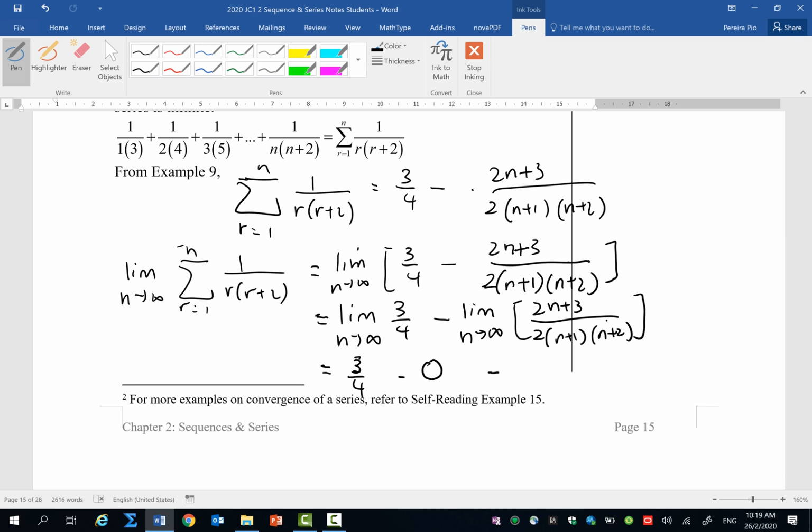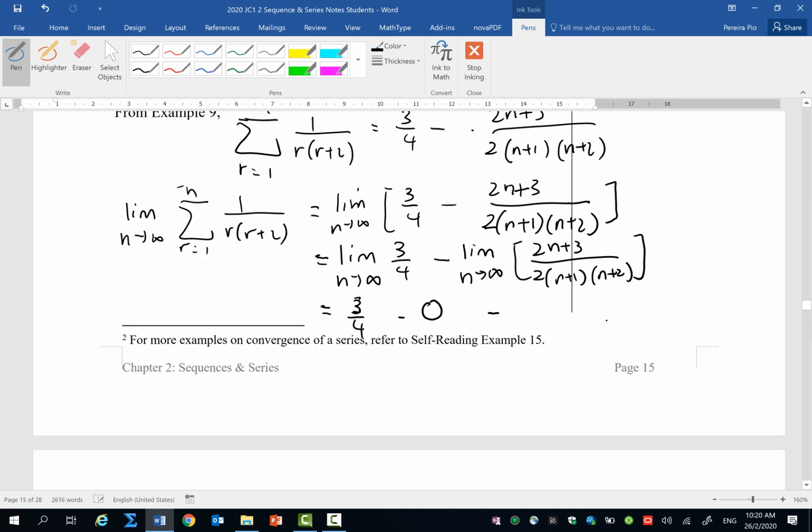Dividing a slowly increasing number by a much larger one, the whole fraction must go to 0. That's how we think about it intuitively. So because this limit is 0, the limit as n tends to infinity of this must give me 3/4.